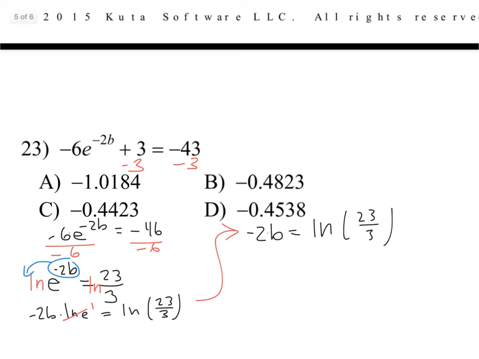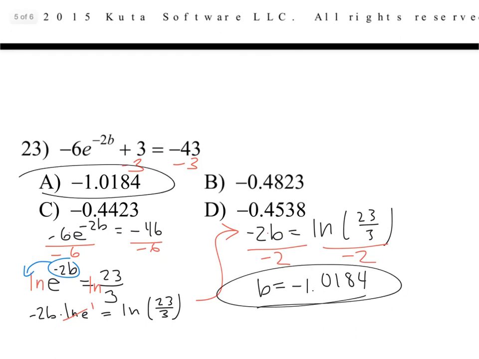So the only other thing that's happening to our variable is that it's being multiplied by negative 2. So the inverse operation is divide by negative 2, and we can get our b. So plugging everything into the calculator, we get negative 1.0184 for final answer.